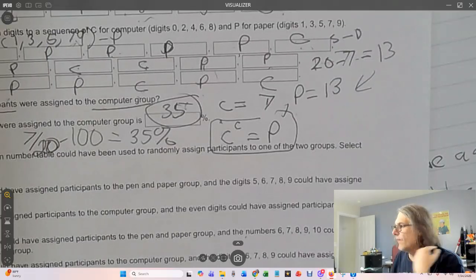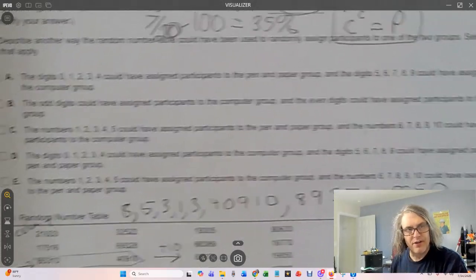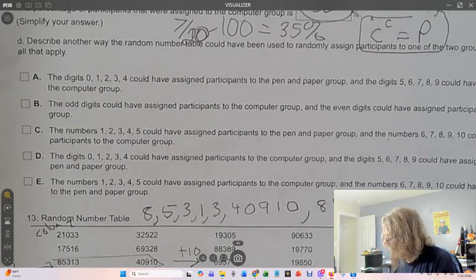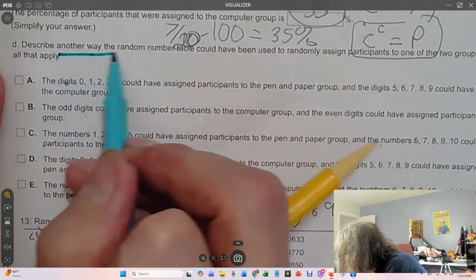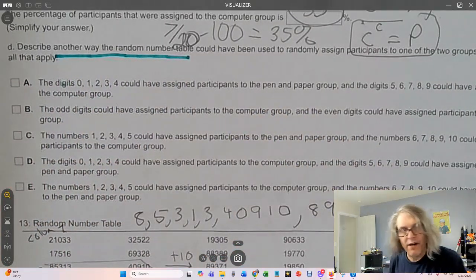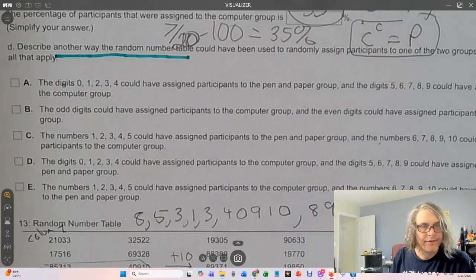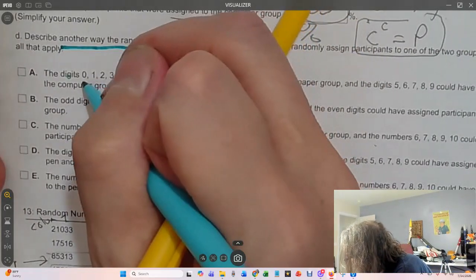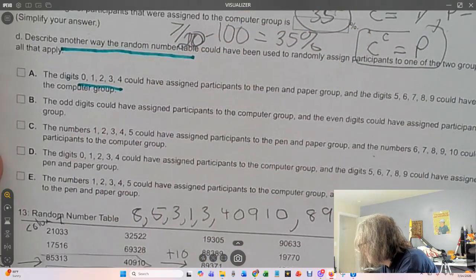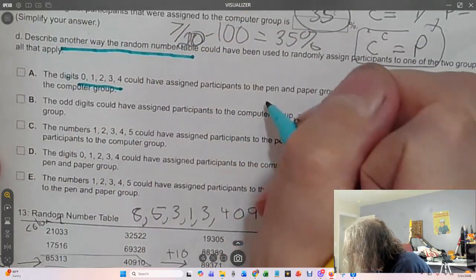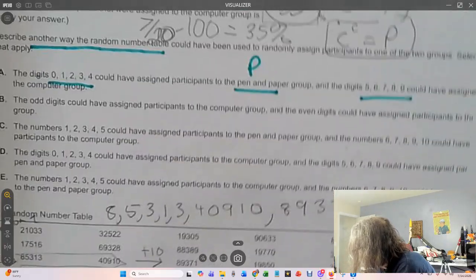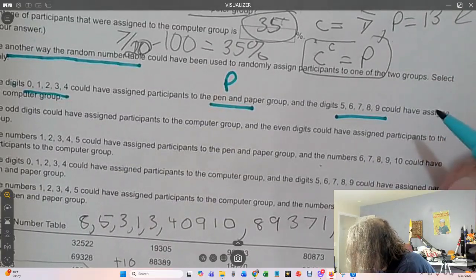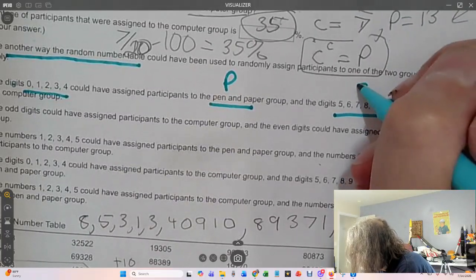All right, so now this is the other part, probably the most challenging part. But let's just break it down. Notice this says another way of random number. There's a lot of different ways we could have done this. Notice here it's assigning just the first 5 digits to the pen and paper, and then the last 5 digits to computer.